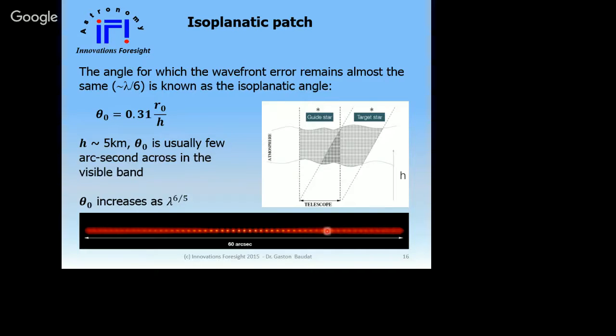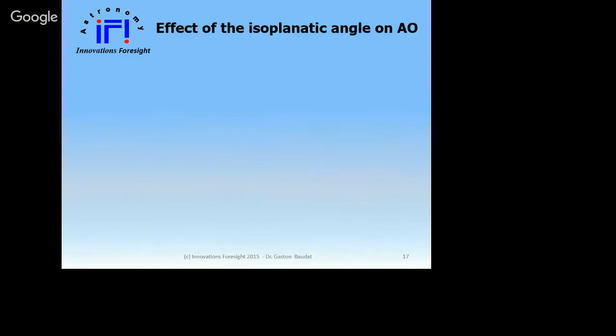Because now you are so far away from the guide star that the correction not only doesn't apply, but is even worse. You start to do wrong correction, and I'm going back to that point. So the isoplanatic patch is pretty small, and this is a very nice example of the limitation of adaptive optics.